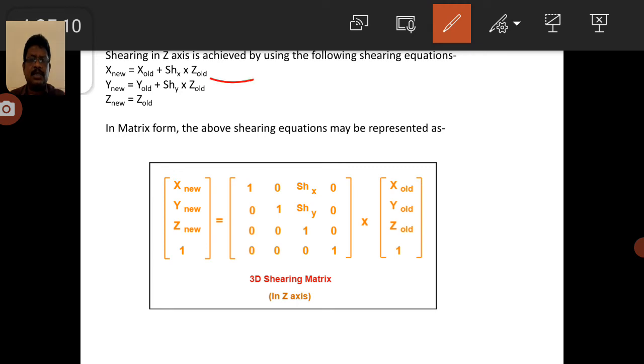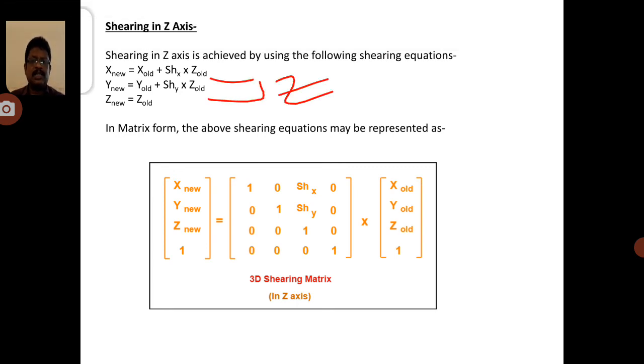Here you can observe that these two values are the z values. So the z value notation can be considered in relation to the x old and y old values. That's why we find x new equals x old plus SHX into z old, and y new equals y old plus SHY into z old. So the z is the impacting value here, and that value is taken to substitute in the x new and y new values.